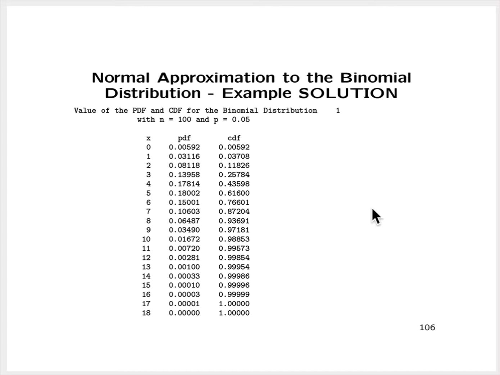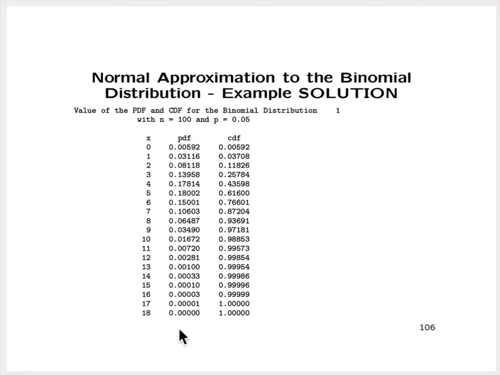We could do that, but I'm going to use SAS to compute the values of the PMF and the CDF for various values of X. I'm not going to do it for all values of X going up to 100, but at least up to 18, because once I get to 18, to 4 decimal places, the value of the PMF is 0 and the value of the CDF is 1.